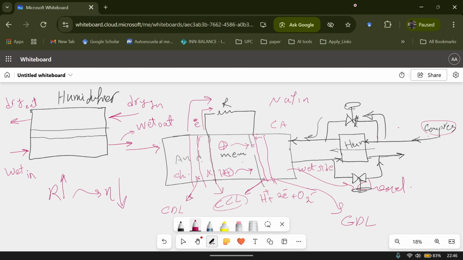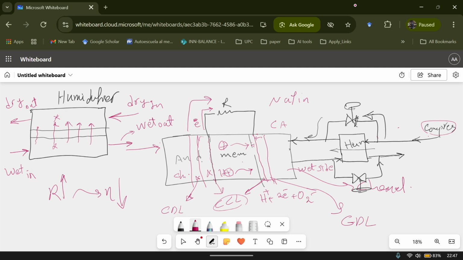Through the membrane inside the humidifier, the water molecules move due to the water gradient, because this side has less water and this side the air has more water. Due to the difference in gradients, the water molecules pass through the membrane and go to the dry side.